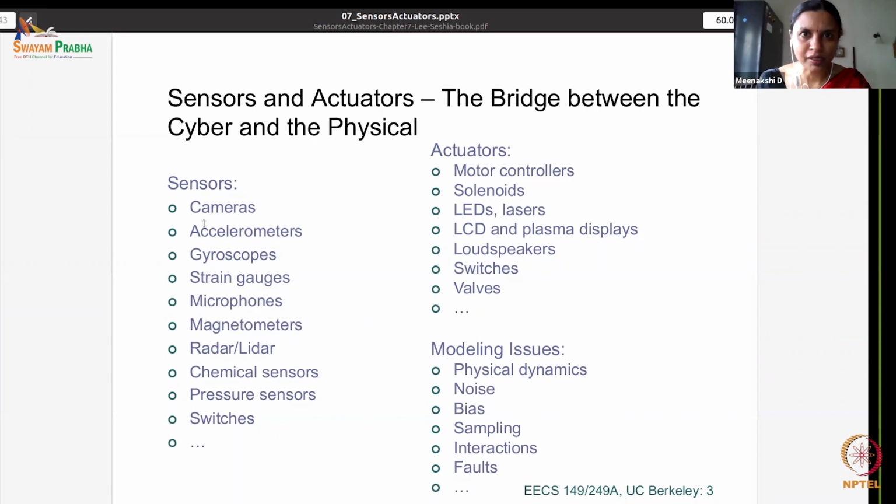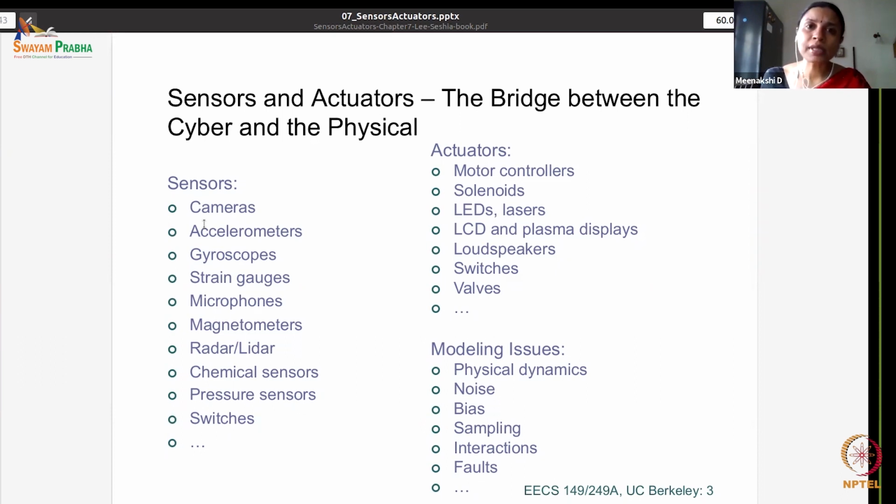There could be a lot of noise due to various kinds of disturbance in the measurements recorded and provided by the sensors. We need appropriate noise elimination techniques to make sure that we read the right kind of data from the sensors. There could be bias because of wear and tear, because of battery, several different issues, on the data that we read from the sensors. So that's another thing that we have to cater to.